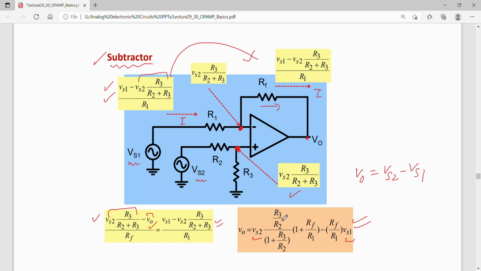Okay. So let us say all these resistances are equal and R3 by R2 is much larger than 1. Then I can write the output voltage as Vs2 minus Vs1, that is, it acts as a subtractor here.